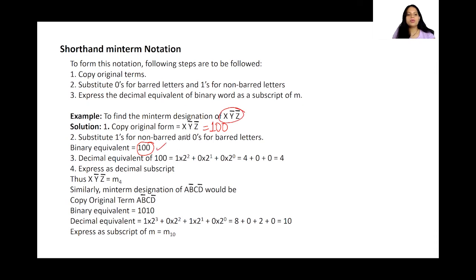Next it is saying express the decimal equivalent of the binary word as a subscript of m. So how do we find the decimal equivalent of a binary? This we all have learned in first year, isn't it?